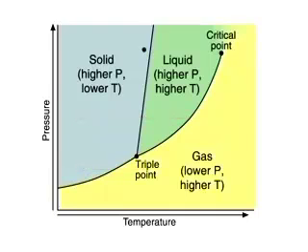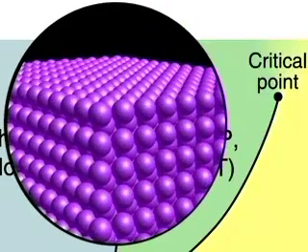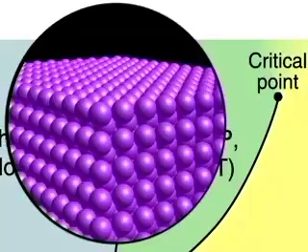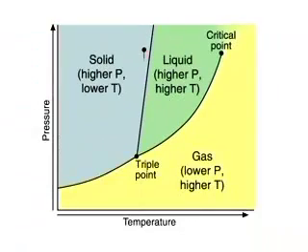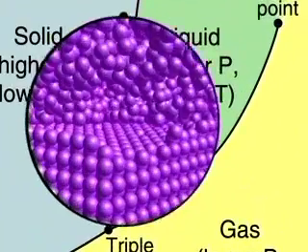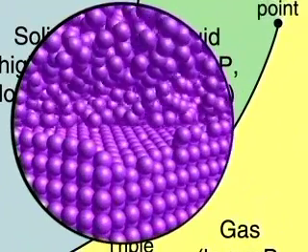Now, let's see the changes the sample undergoes as we decrease the pressure at constant temperature. That is, move down the phase diagram. Here, the starting temperature determines how the sample changes. If we start with the solid at some temperature higher than the triple point temperature and lower the pressure, we first reach the solid-liquid equilibrium state.